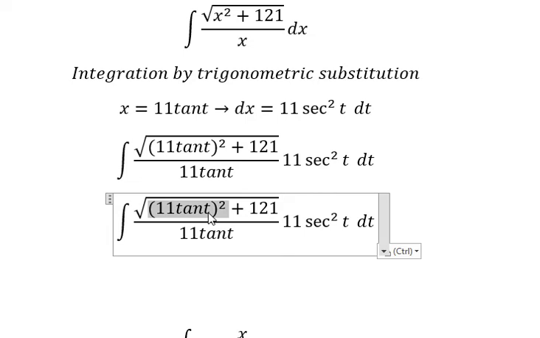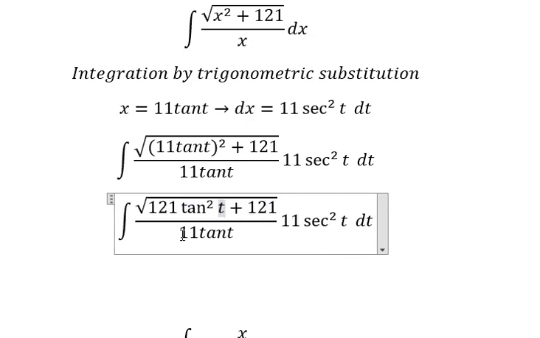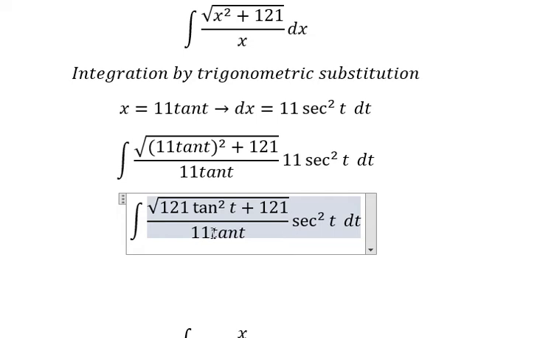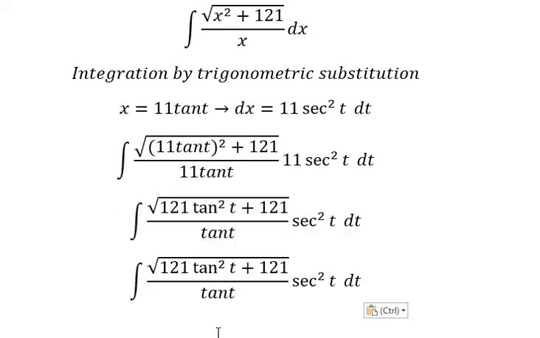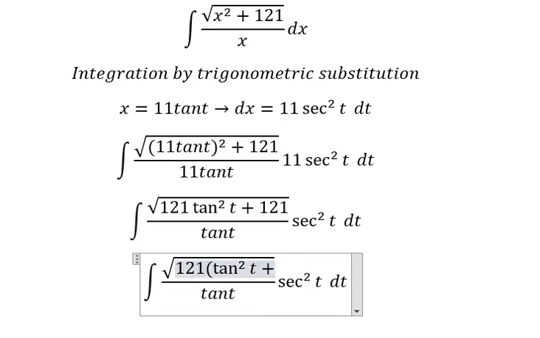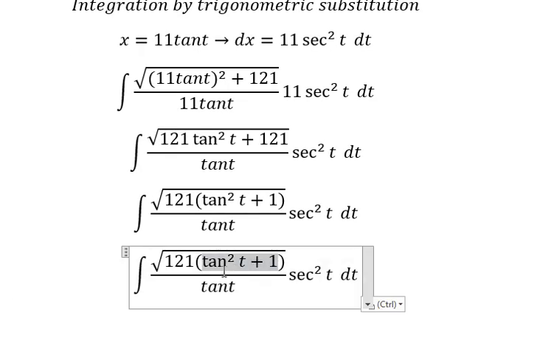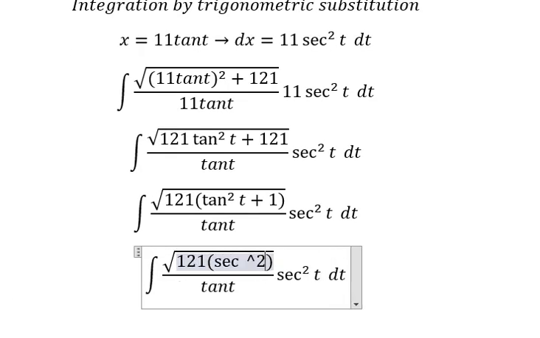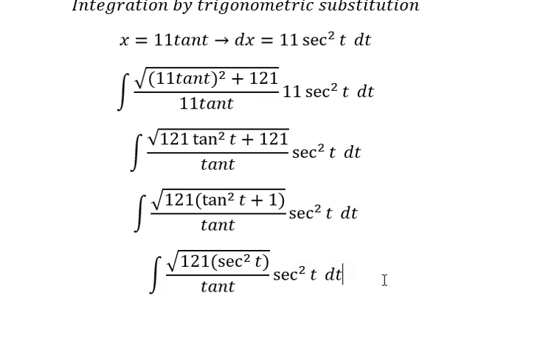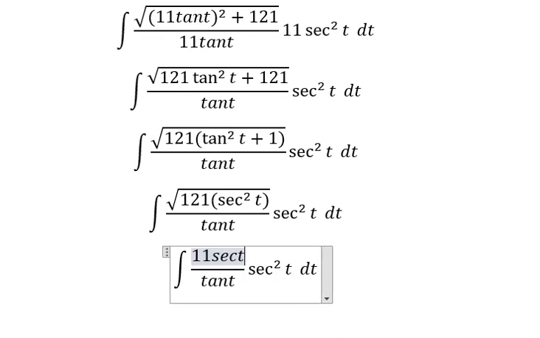This one gives 121 tan squared t. The 11 we simplify, and 121 we can factorize. This gives secant squared t, and the square root of this is 11 secant t.